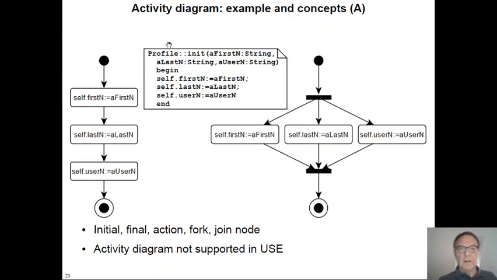The profile object has three attributes: first name, last name, username, and accordingly the init operation has three parameters: a first name, a last name, a username. And what the init operation simply does, it assigns the parameter to the respective attribute.